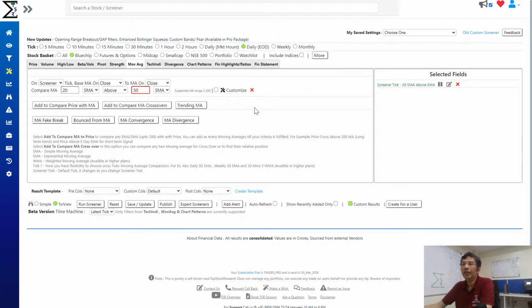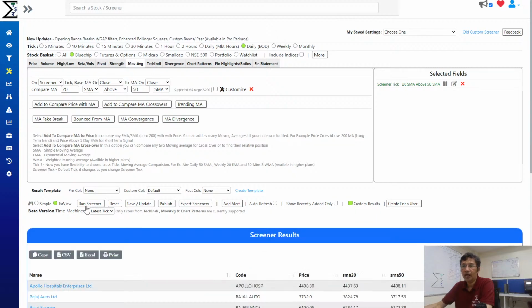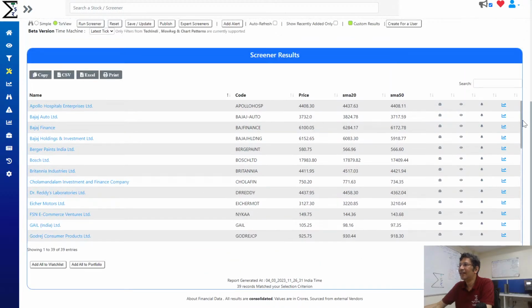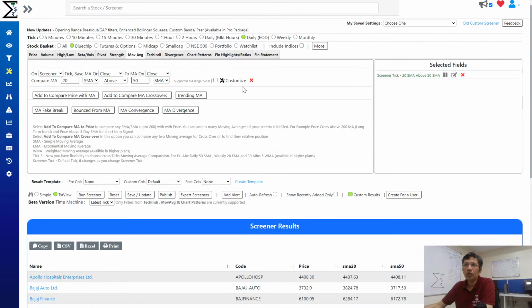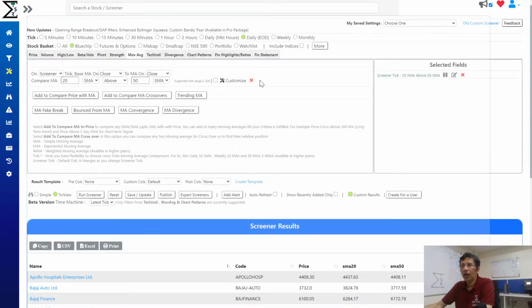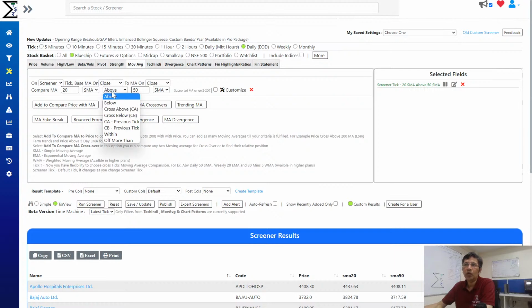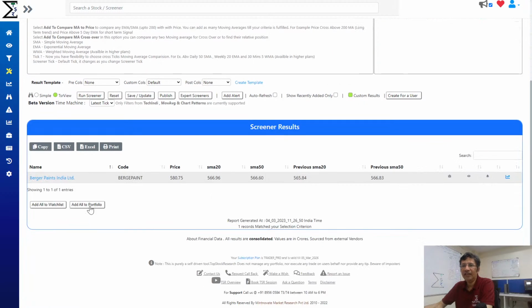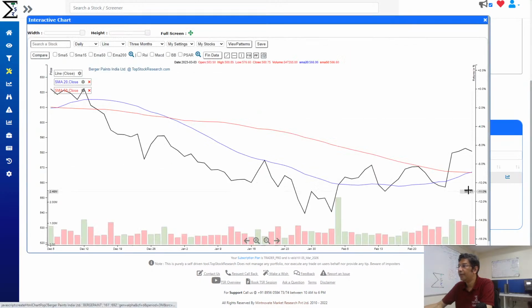So we have done 20 moving average above 50 moving average, very simple, where you are just looking for whether 20 is above 50. What you can also do is say cross above. When you click here, you'll see that the 20-day moving average has crossed above the 50-day moving average for Berger Paints, and this is where the crossover is happening.